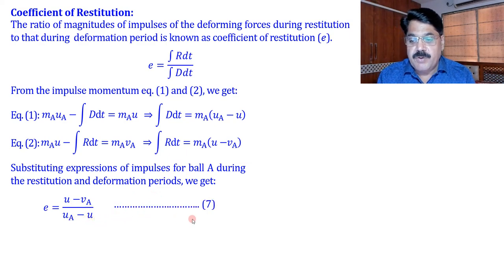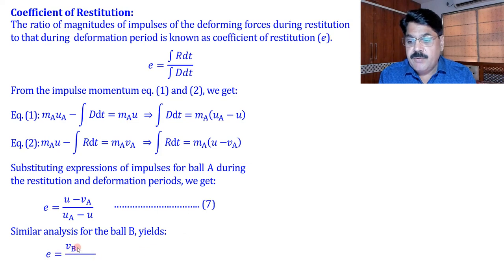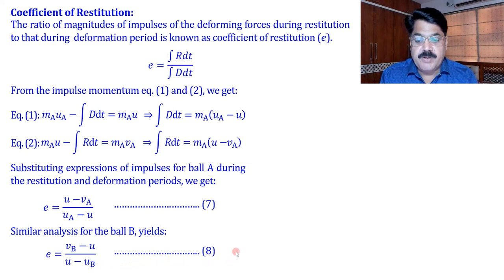We call this equation 7. So the restitution coefficient can be defined for ball A only, if you know the velocity of ball A at the beginning of collision, at the end of collision, and at the instant of maximum deformation. By following a similar analysis, we can write the coefficient of restitution for ball B also. Similar analysis for ball B yields e is equal to (v_B minus u) upon (u minus u_B). We call this equation number 8.